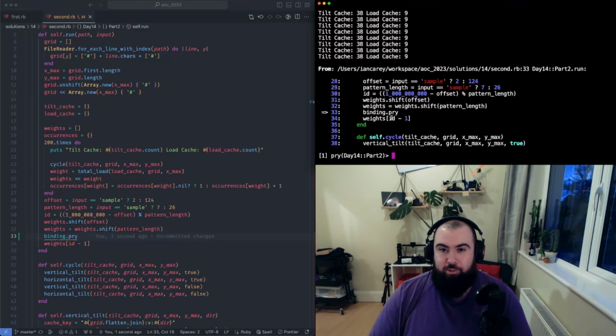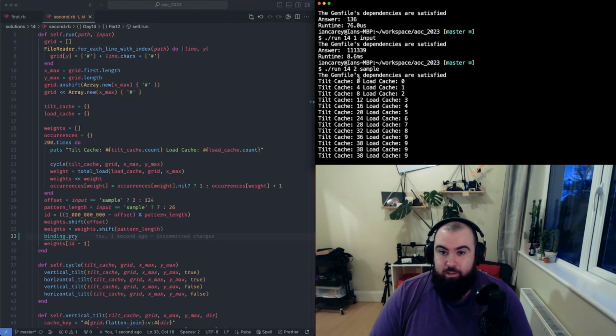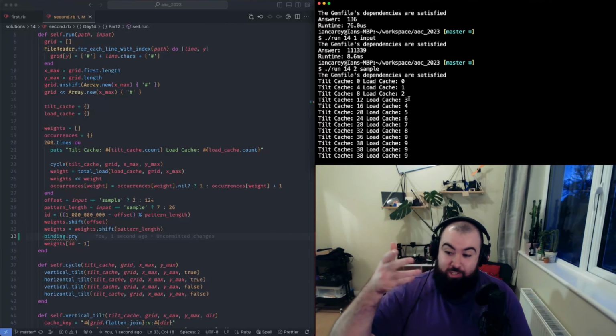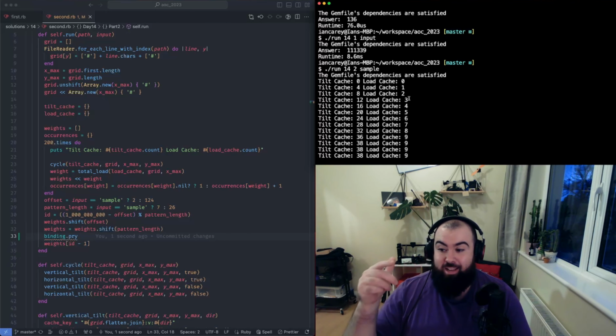Okay, and that went really fast. But what you notice here is these cache counts. They're all the same if you scroll way back here. You don't have to go very far because in the sample, the loop is very, very small. You don't have to go very far until you're 100% certain that you haven't found anything new anymore.